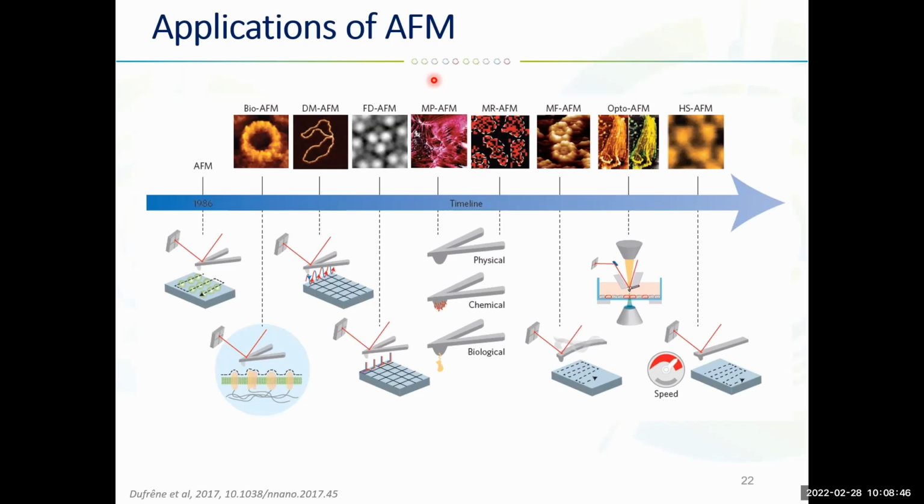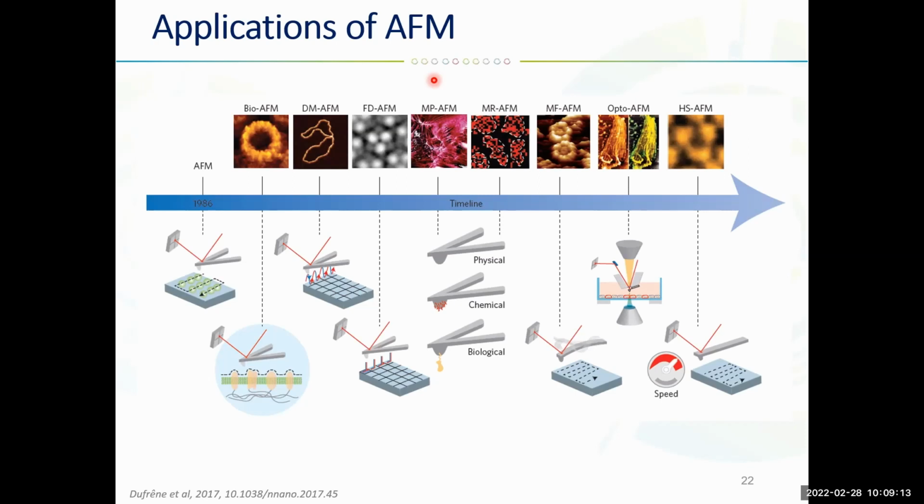Another example, we can spatially map the stiffness of, for example, the actomyosin cortex, because actin and myosin are not only present in our muscles, but also in cultured cells. There are two different types of cell cultures, the suspended cells and the adherent cells.